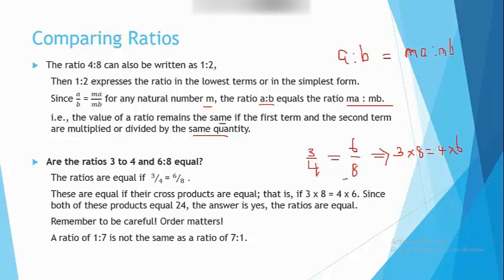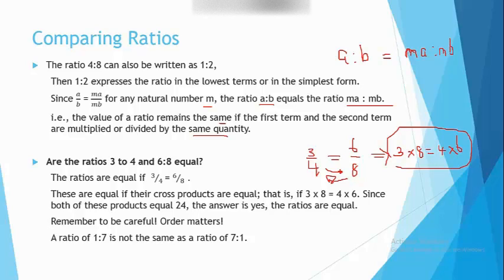The 8 goes this side and the 4 goes the other side, so it's actually the inverse operation. If this is true, then the ratios 3 to 4 and 6 to 8 are equal. Since both these products equal 24, the answer is yes, the ratios are equal.